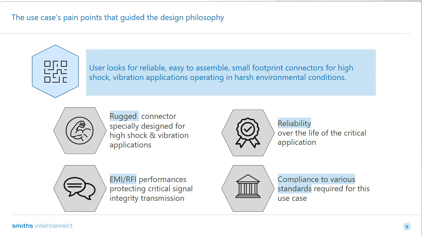EMI, RFI performance, because often so many different equipment are packed into such a small environment, it can become a perfect environment for EMI performance issues. And finally, compliance to various standards.